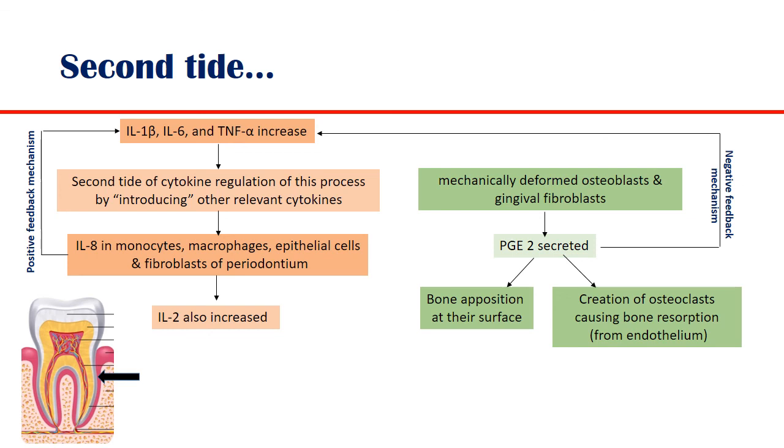But these also form the prostaglandins, which is prostaglandin E1 and E2, PGE2 and PGE1, which are most important. This also has a dual action. Basically, on the surface, it is going to cause apposition, and otherwise, from the endothelium, if it goes from the blood vessels to the bone, then it is going to cause resorption. So prostaglandin E2 is very, very important as a mediator.